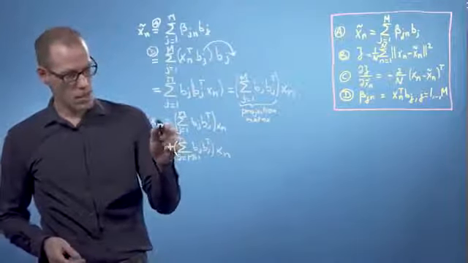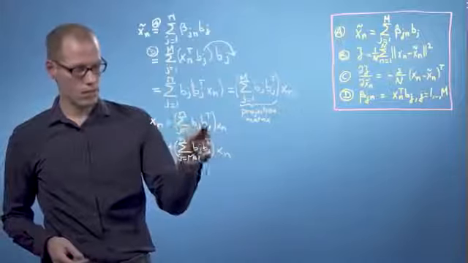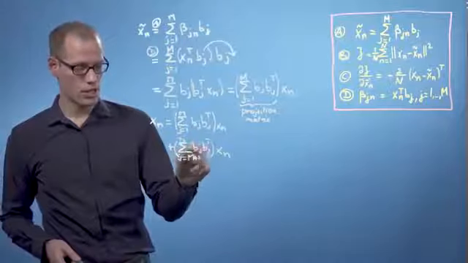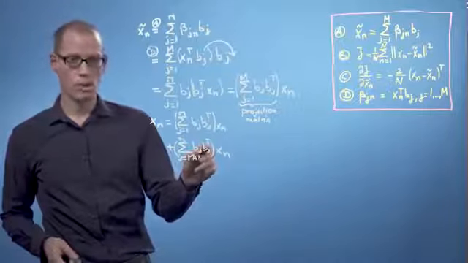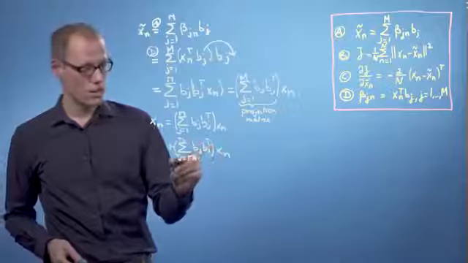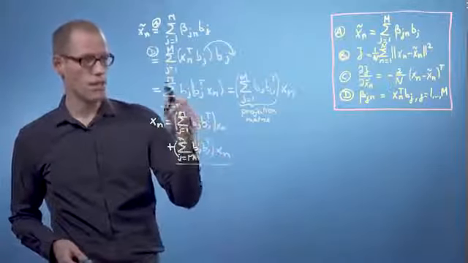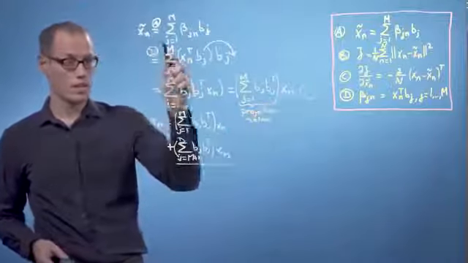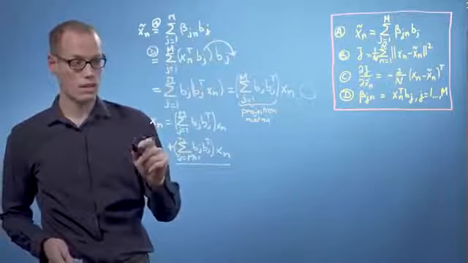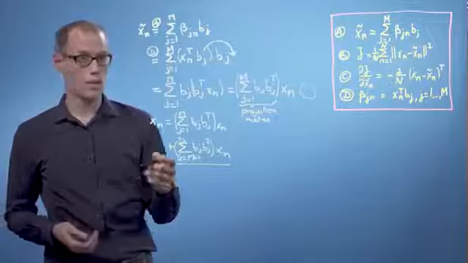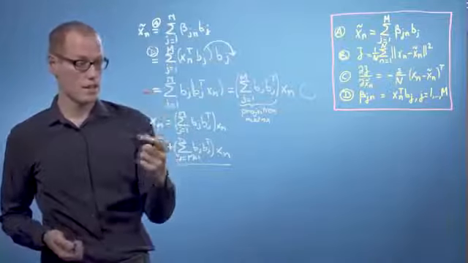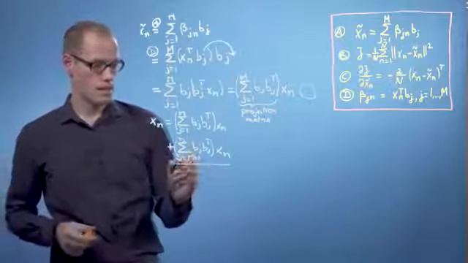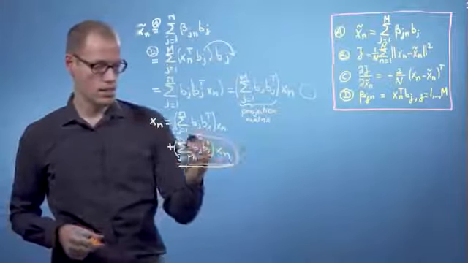So we write xn as a projection onto the principal subspace plus a projection onto the orthogonal complement. And this term is the one that is missing over here. And that's the reason why xn tilde is the approximation to xn. So if we now look at the difference vector between xn tilde and xn, what remains is exactly this term.